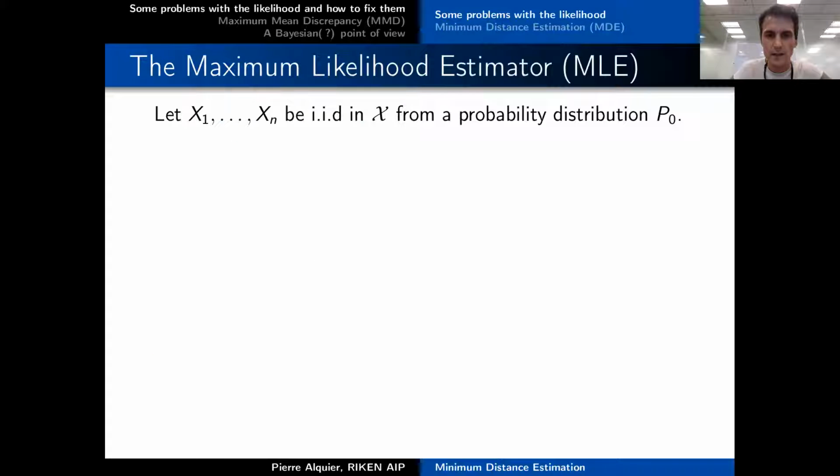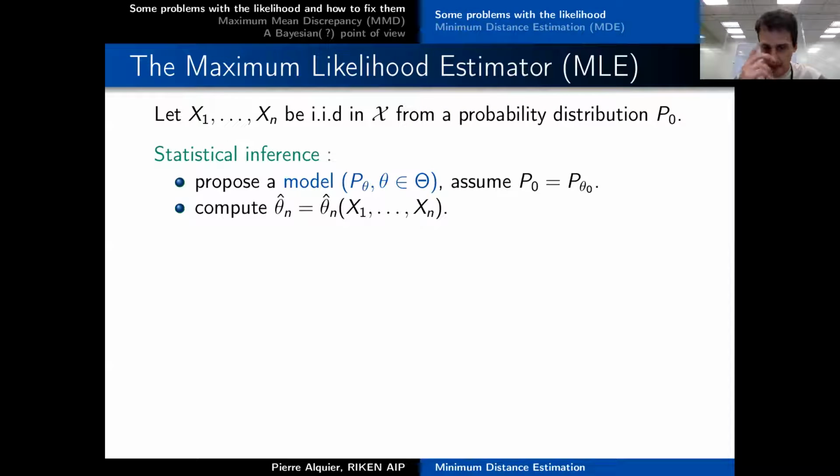So I will start with very simple remarks. I will consider a simple statistical estimation problem, not necessarily in high dimension: we just have IID objects in a space X, generated from a probability distribution P naught. And I have a model, a family of probability distributions. Actually, I wrote here, assume P naught equals some P theta naught in the model.